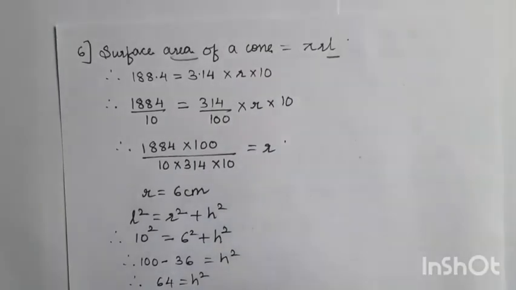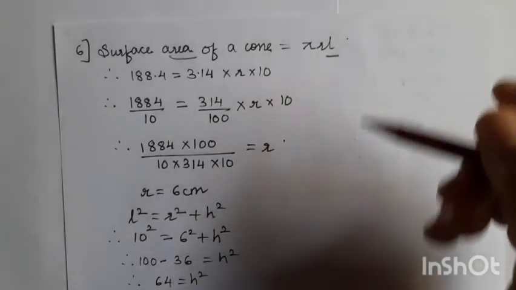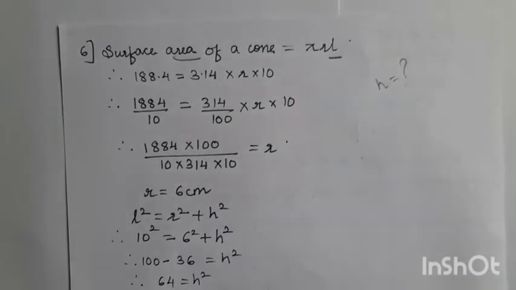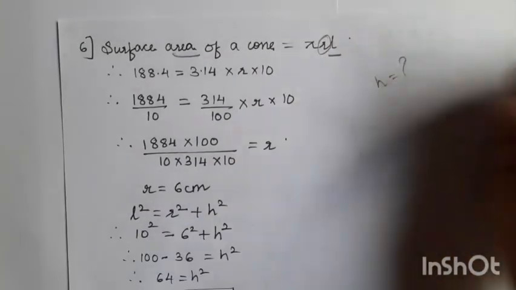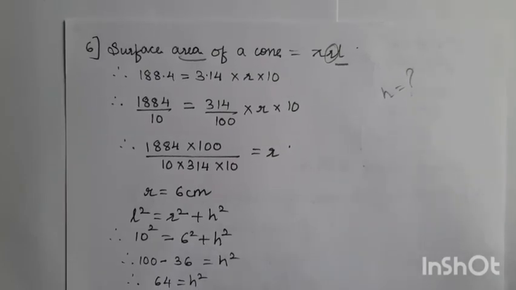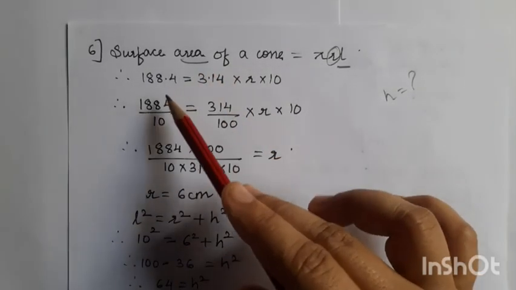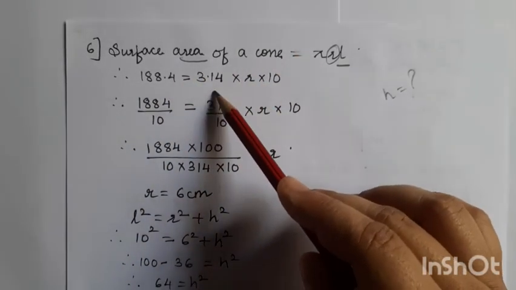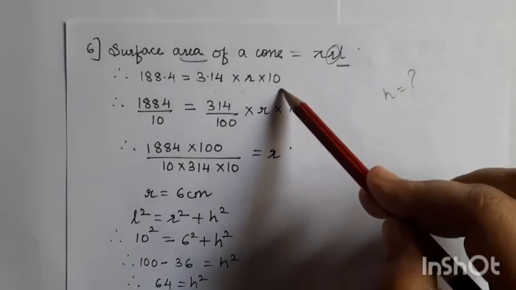So L is also given to us. Find its perpendicular height. So we have to find h. But before we find h, we need to find r. So the formula for surface area of a cone is pi r L, where area is 188.4, pi is given to us as 3.14, r is unknown, 10 is the slant height.